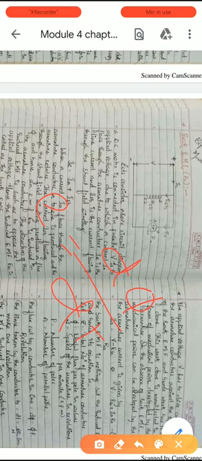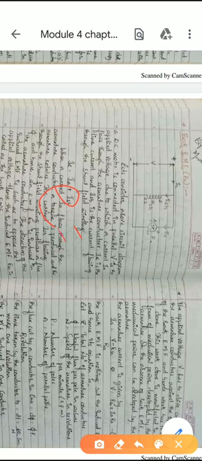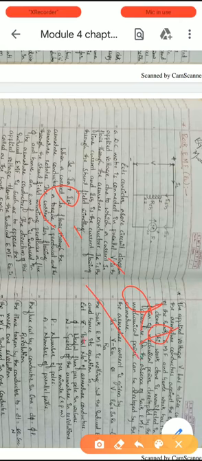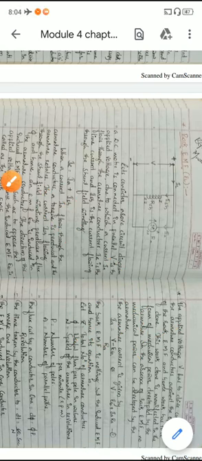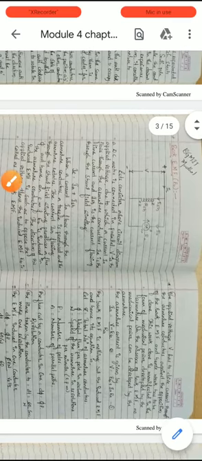And what about the direction of the EMF? The induced EMF always opposes the cause for it, according to Lenz's law. So E is equal to minus d phi by dt. What happens is that current ISH flows in the field resistor, and because of that ISH there will be a change in magnetic flux.